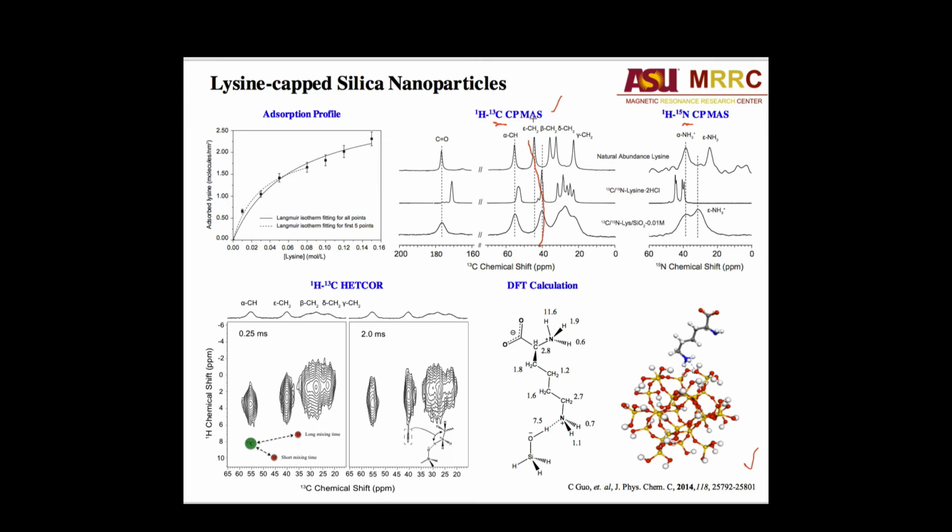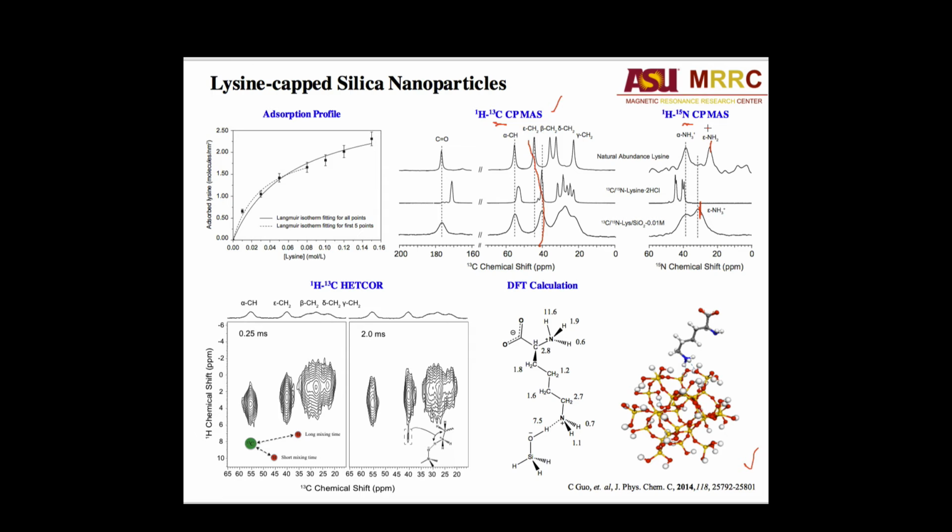We can clearly see that compared with the bulk lysine, for the lysine at the nanoparticle surface, the backbone amine group still has the same chemical shift, but the side chain amine group has about a 10 ppm chemical shift, which is contributed by the protonation state.